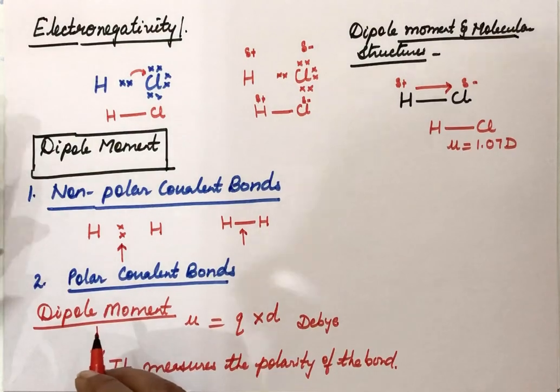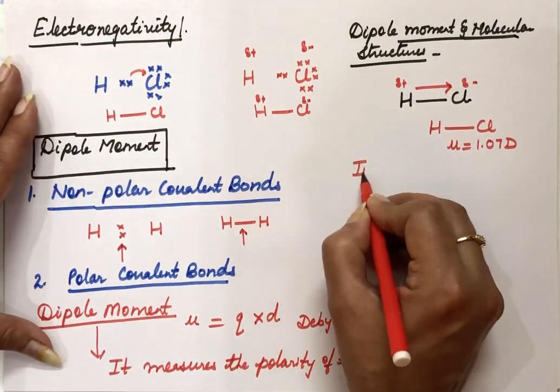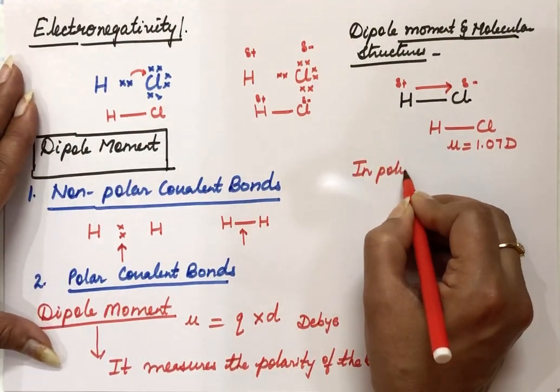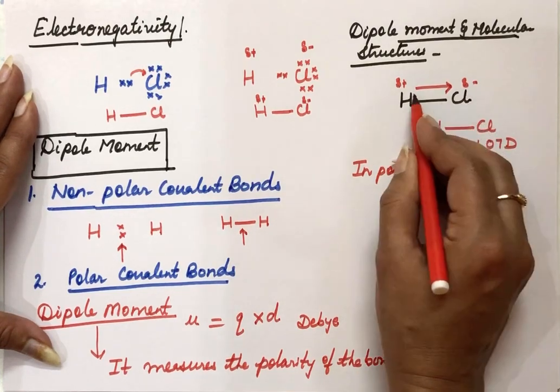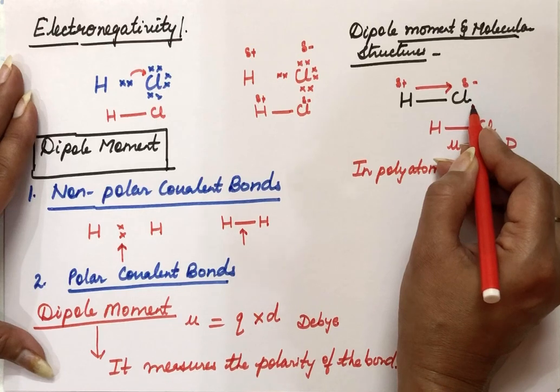But if we take polyatomic molecules, where we have more than 2 atoms, if the bonds are polar, the molecule is also polar in nature.